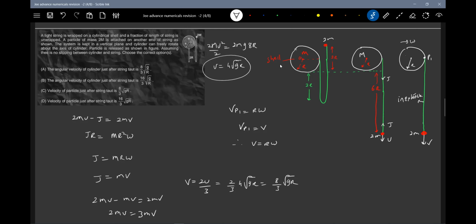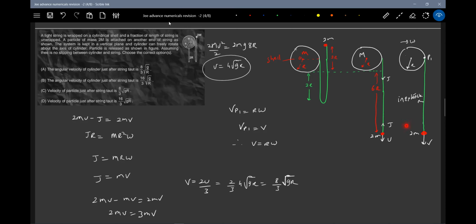A few questions I'll ask you here. Why can't we directly write energy from here to here? You calculate energy in the system now and calculate energy in the system now. Will it be the same or will it decrease?